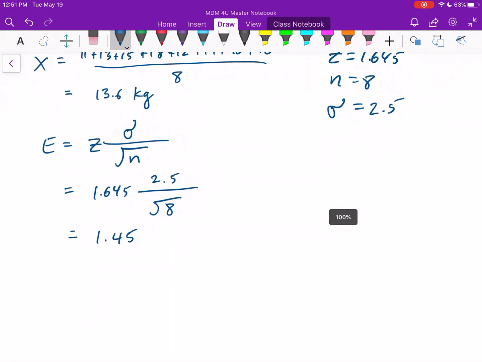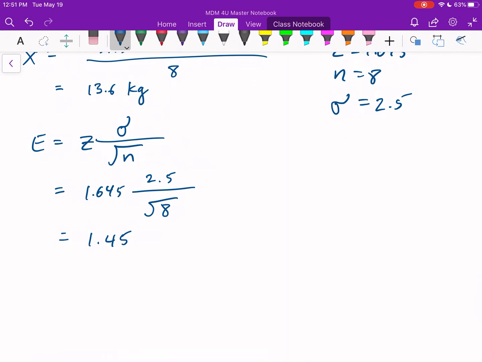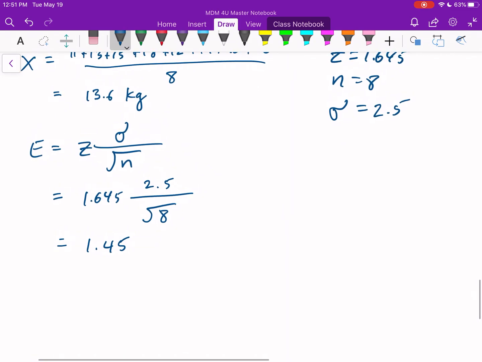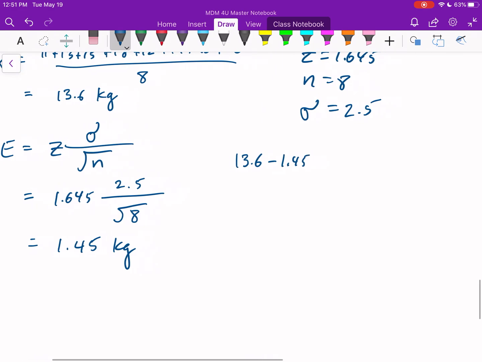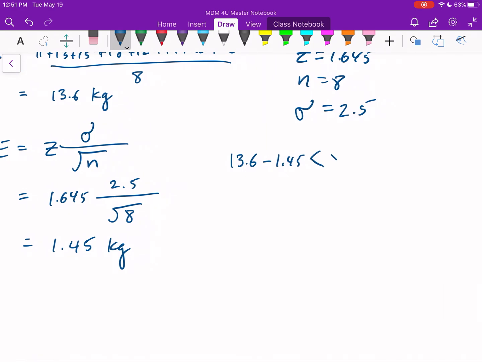And that would make my confidence interval 13.6 minus 1.45 kilograms, that would be my lower level. My upper one would be 13.6 plus 1.45.